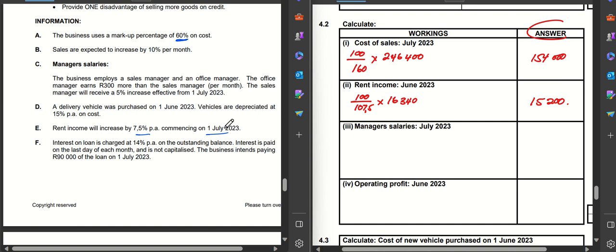The sales manager will receive a 5% increase effective from the 1st of July. So what we want to do is to get the managers' salaries. Remember, there's a 5% increase effective from the 1st of July.